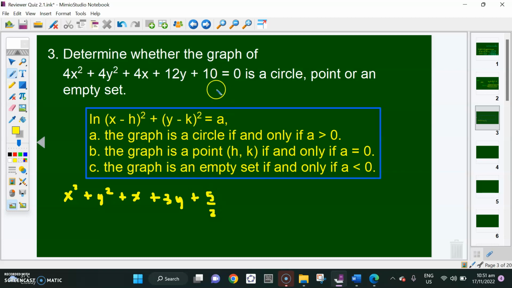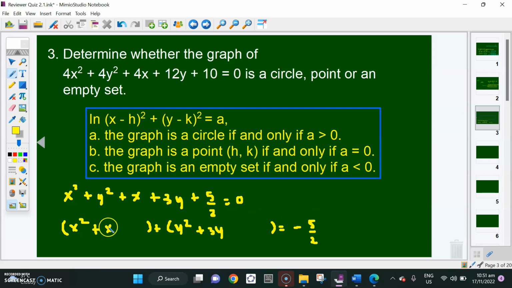Since we divide 10 by 4, that's equal to 0. So then we have x squared plus x plus y squared plus 3y. Then we separate the 5 over 2, which will become negative 5 over 2 if we transpose it on the right side.